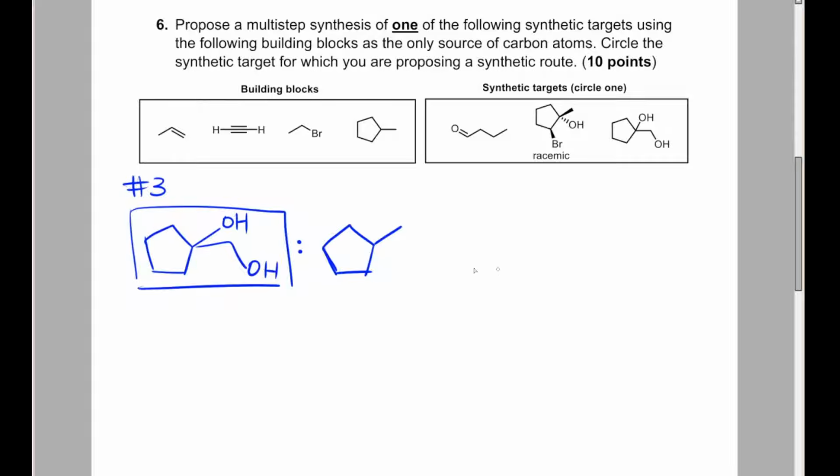Well, we could start by reacting this starting material with dibromide and light or heat, which will be a radical reaction that will add one of the bromine atoms to the more substituted carbon. So in this case, this will first break into 2 bromine radicals.